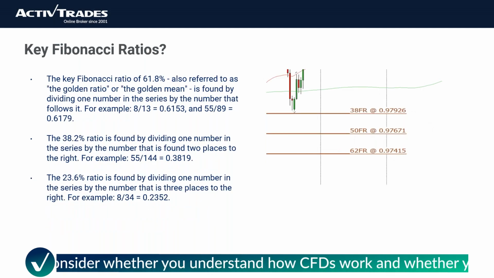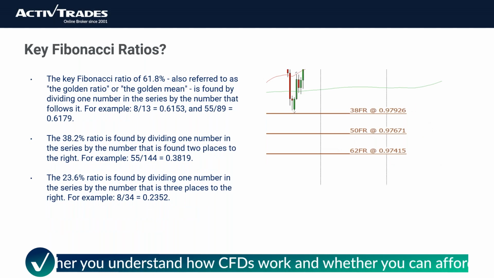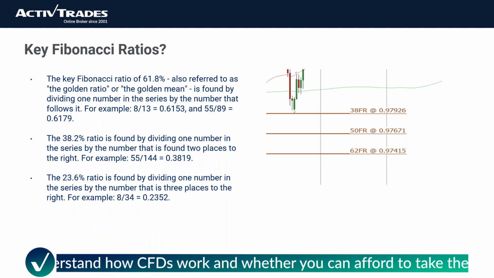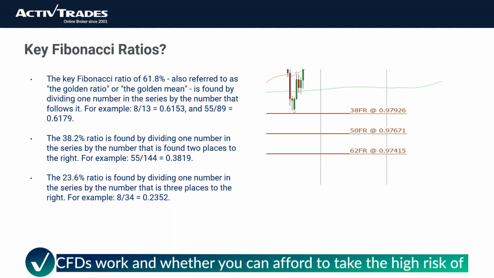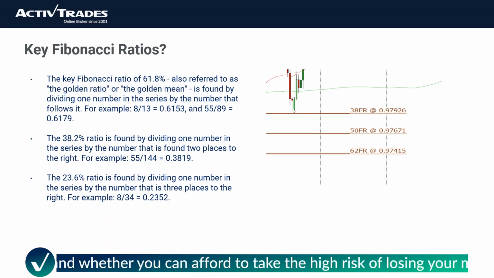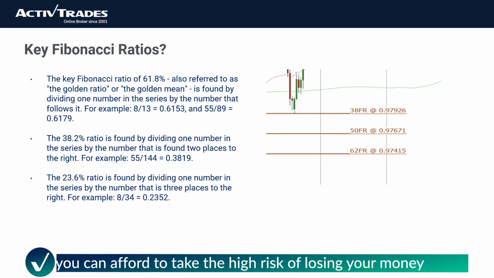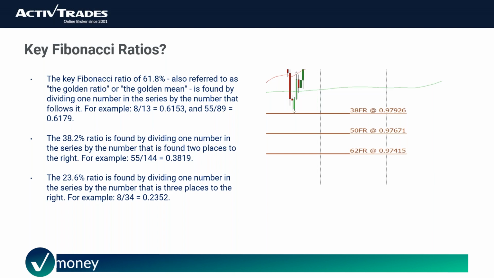So when it comes to Fibonacci ratios, you will very often hear traders, well, not even just traders, people talk about the golden ratio or the golden mean. That is found by dividing one number in the series by the number that follows it. So, for example, dividing 8 by 13 equals 0.61, and 55 divided by 89 is 0.61, okay?